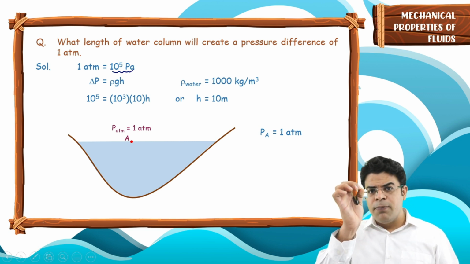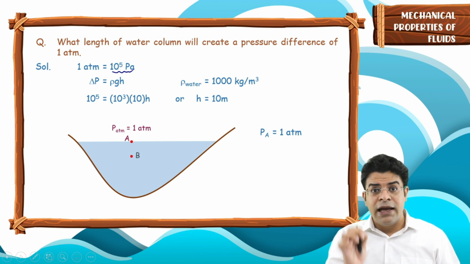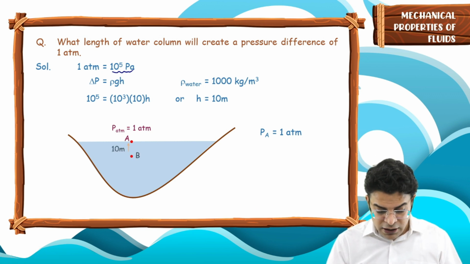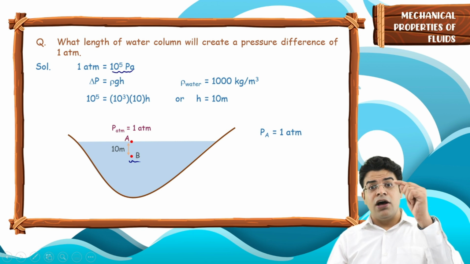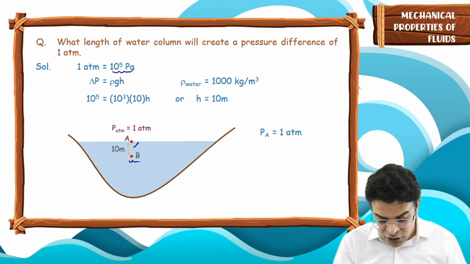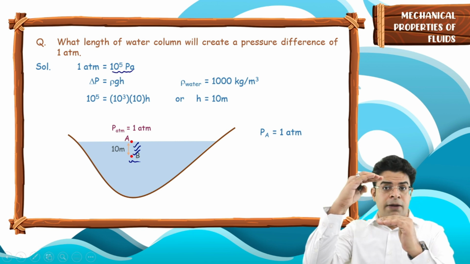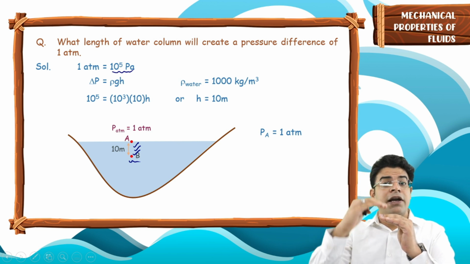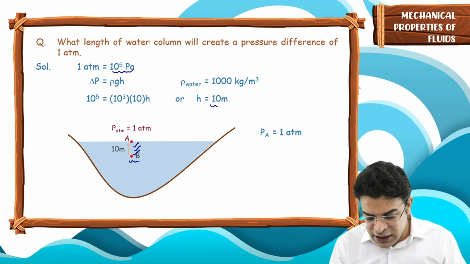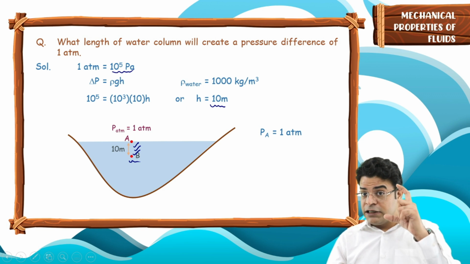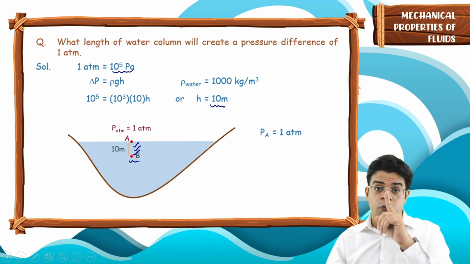Now visualize a point B below point A at a depth of 10 meter. Because of the 10 meter of water present between them, a pressure difference would have been created, and we have just learned that 10 meter of water column creates a pressure difference of 1 atm.